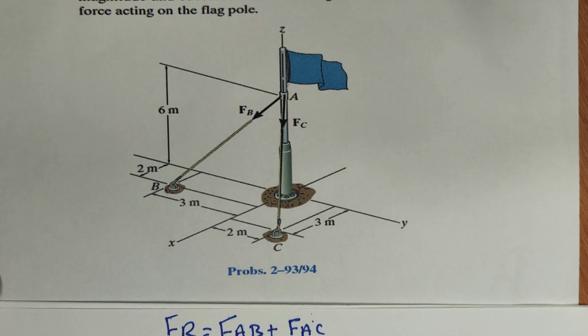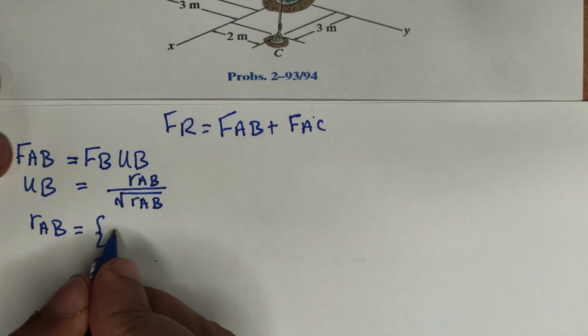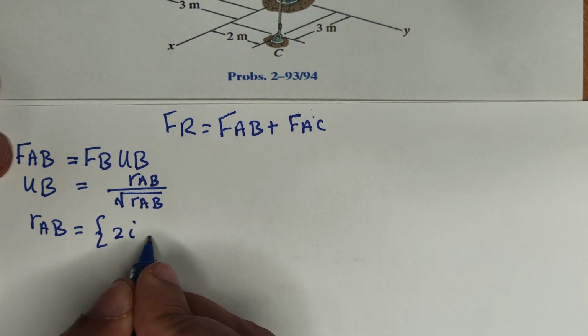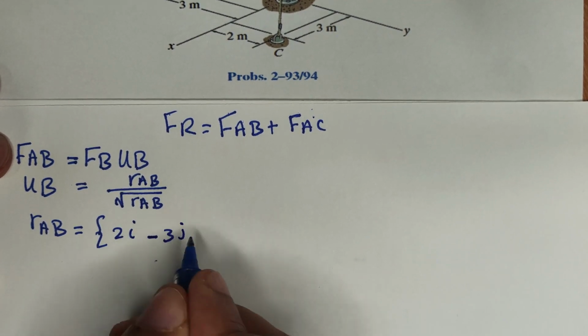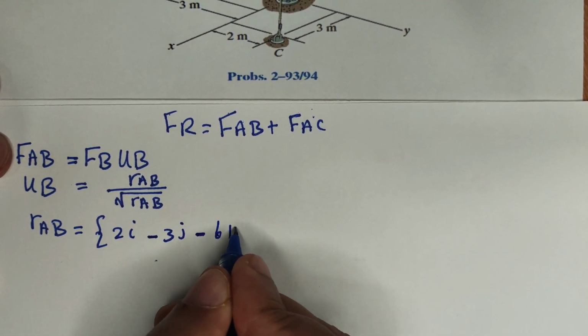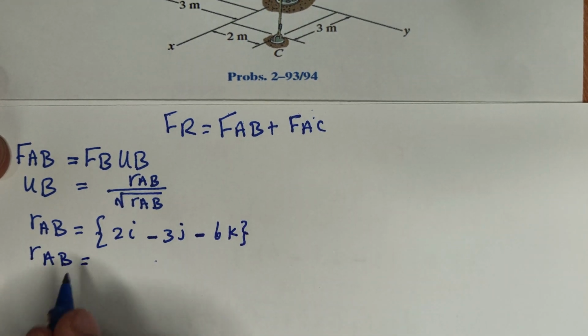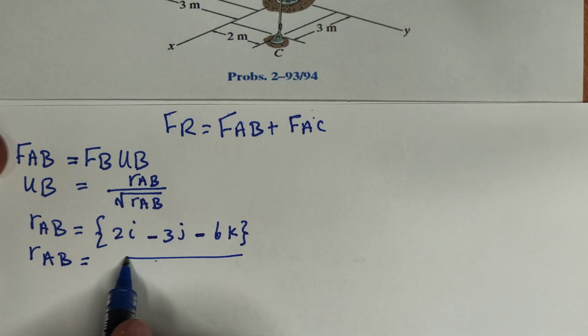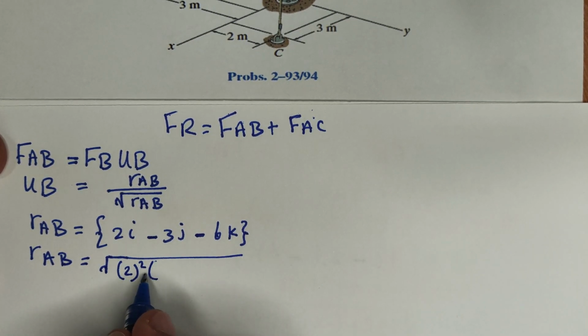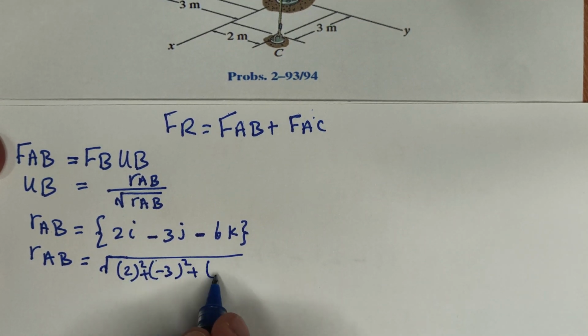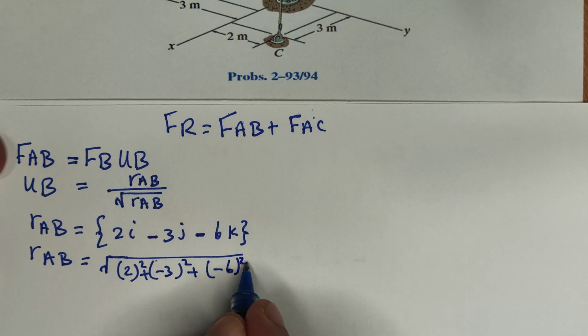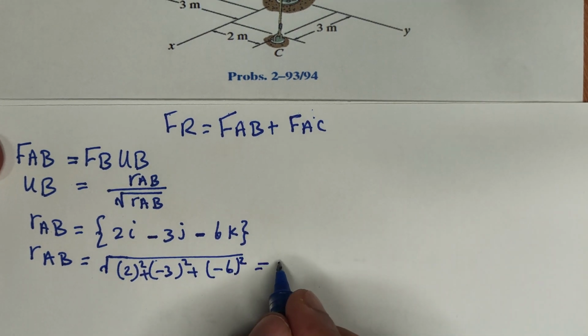Therefore, what we have here is 2i minus 3j minus 6k. To find the magnitude of this position vector, we take the square root of 2 squared plus negative 3 squared plus negative 6 squared. When you plug that into your calculator, that should equal 7 meters.